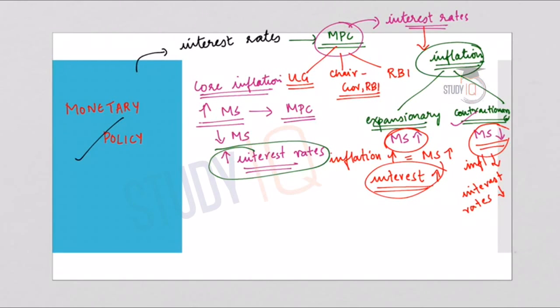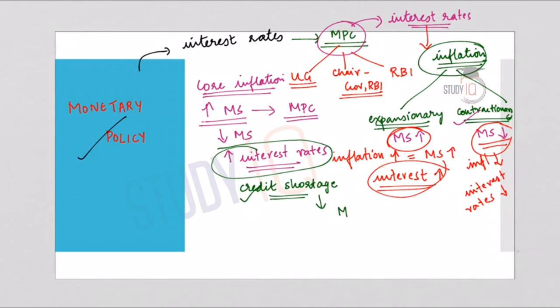That means the industries will face a credit shortage. With this credit shortage, it would be difficult for the industries to find credit for investment or to continue their production process. This will have a serious impact on initiatives like Make in India, in the industrial sector, in the manufacturing sector, etc. So this is one possible impact of these budgetary announcements on monetary policy.